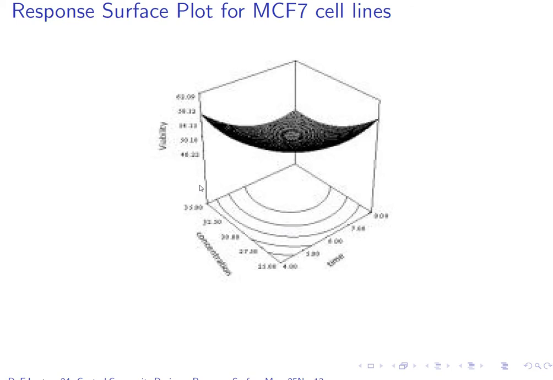This response surface plot for the MCF7 cell line shows time along this axis, concentration, and this is the response variable, viability. So this is viability of the adenocarcinoma cells, MCF7.